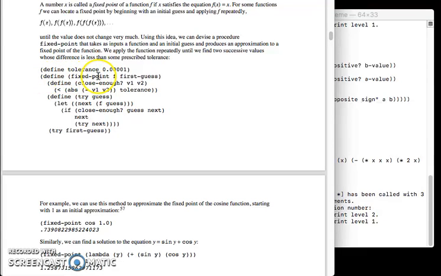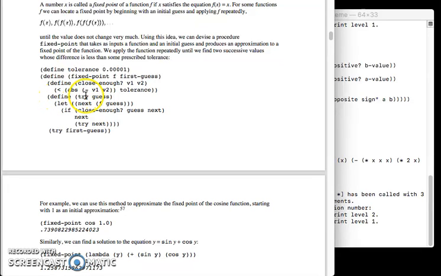Define the procedure fixed point that takes f and first guess as input, and define the procedure close enough that takes v1 and v2 as input, and close enough checks to see if the absolute value of v1 minus v2 is less than the tolerance.